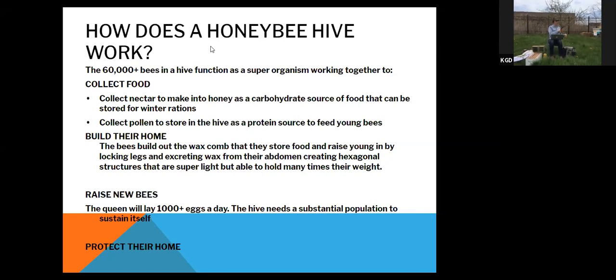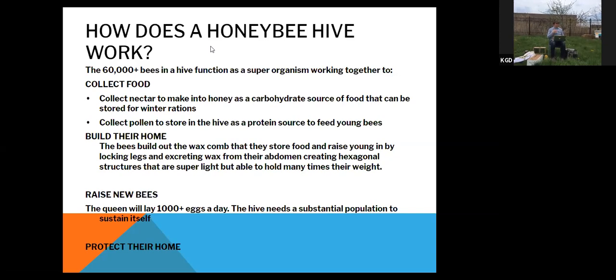So, with us as beekeepers, we're going to try and force a split or force a swarm, so to speak, so we can capture half of those bees and keep them for another hive. But if we don't, then they're going to go off and try and find somewhere in nature, which in Michigan doesn't always work out so great.